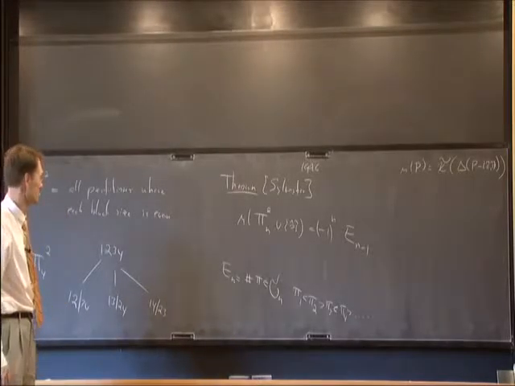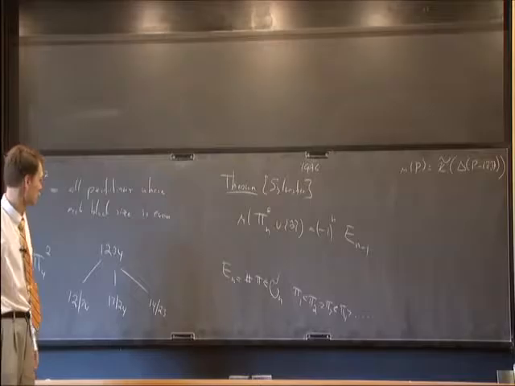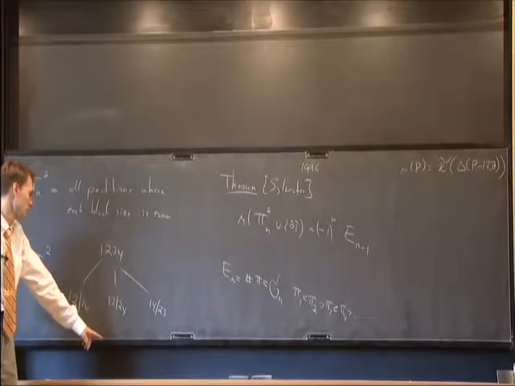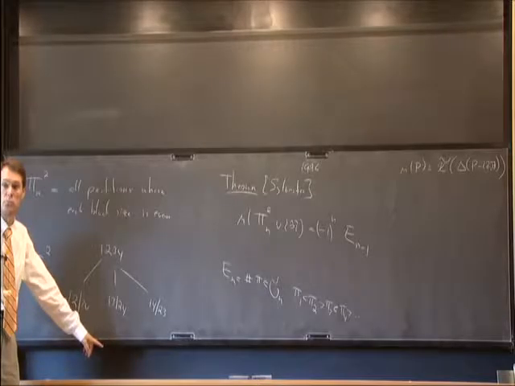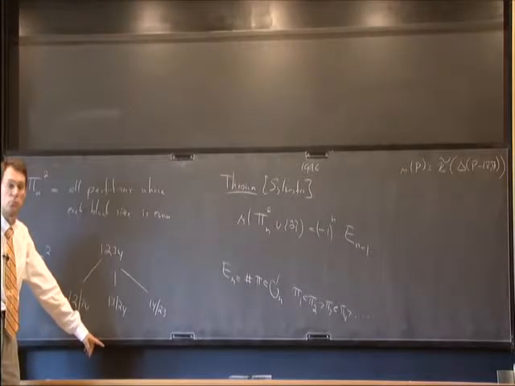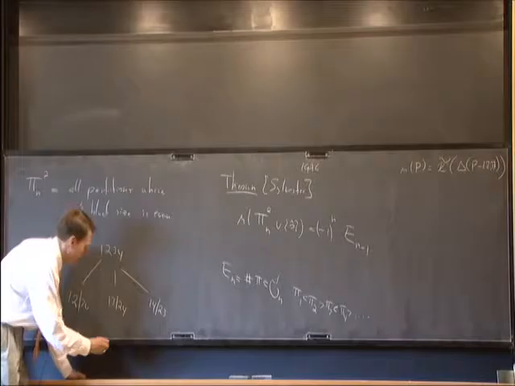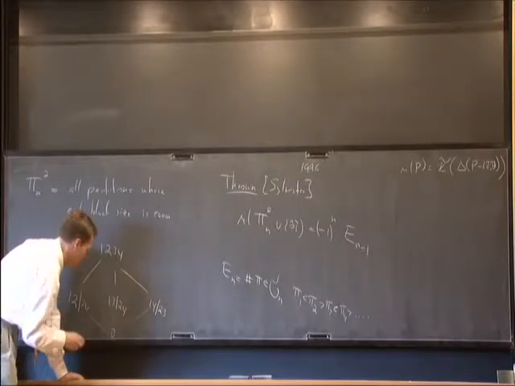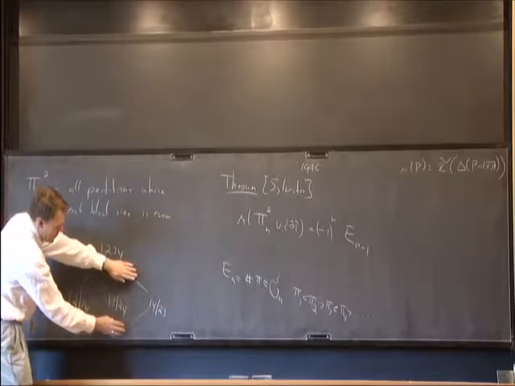So what is it here for pi 4, 2? Here you're going to get the Mobius function 2, because we add in the new minimal element, and then I look at all the chains.